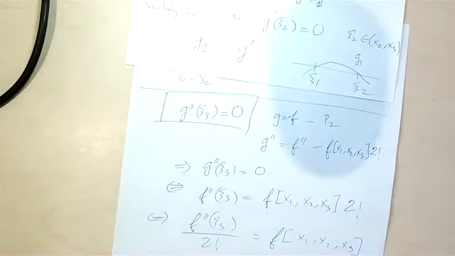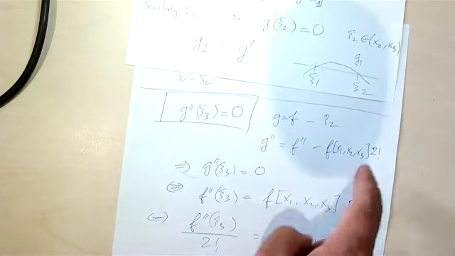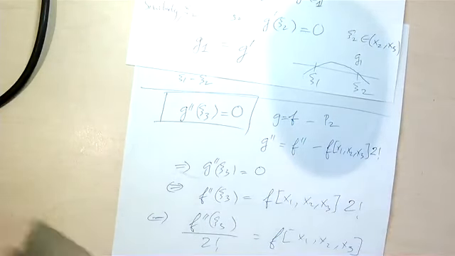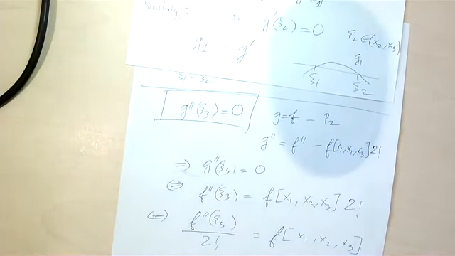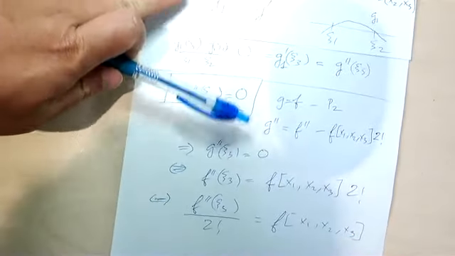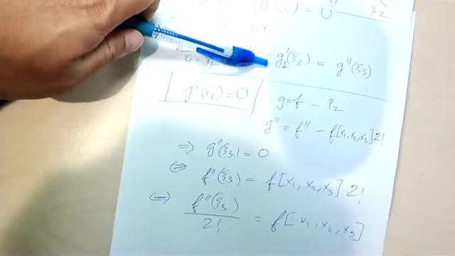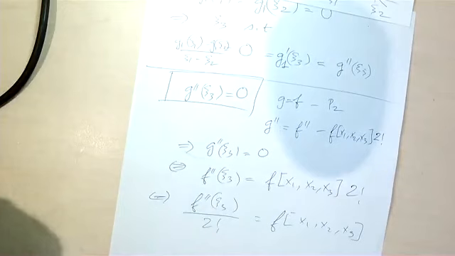Does it answer your question where the 2 factorial comes from? So 2 factorial just comes from when you take the derivative twice. And you can do the same in order to prove the general case. You just keep taking the derivative n times.